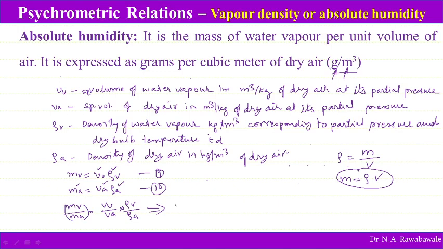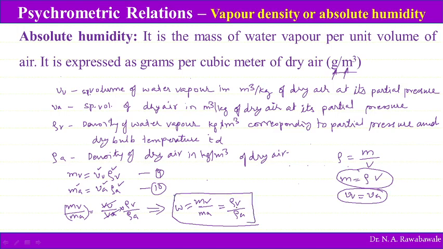So humidity ratio omega is again given by mv divided by ma. In other words, we can write this as rho v divided by rho a, because what we have assumed here is va is equal to vv, so this gets cancelled. So our assumption according to Dalton's law of partial pressure, vv is equal to va. Therefore we cancel this numerator with denominator, then we get omega is equal to mv divided by ma is equal to rho v divided by rho a.